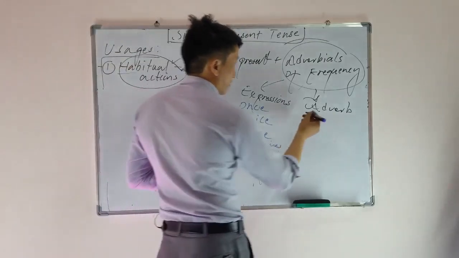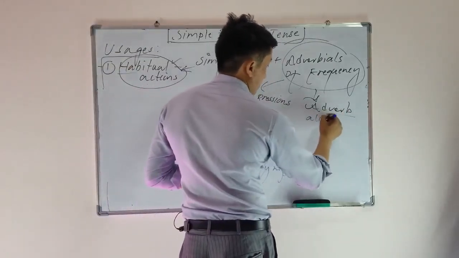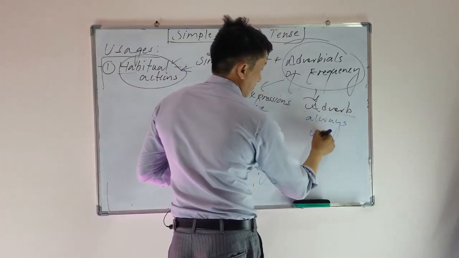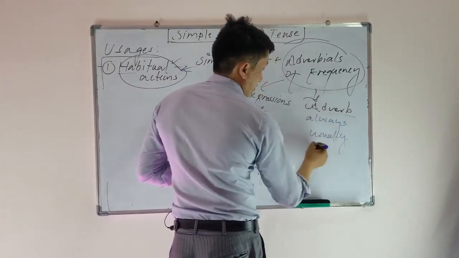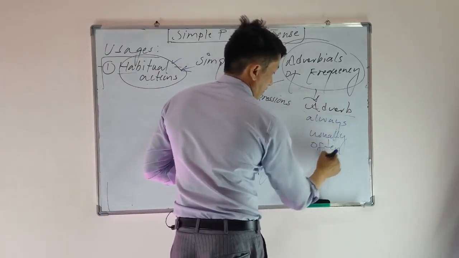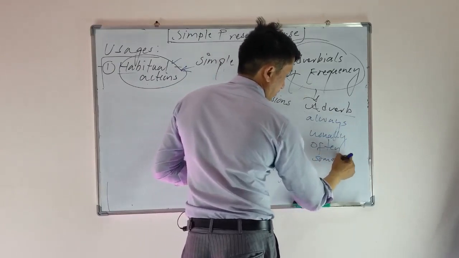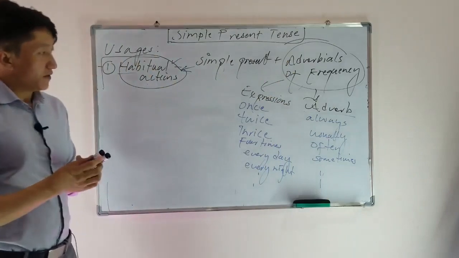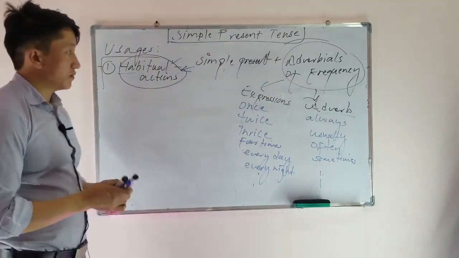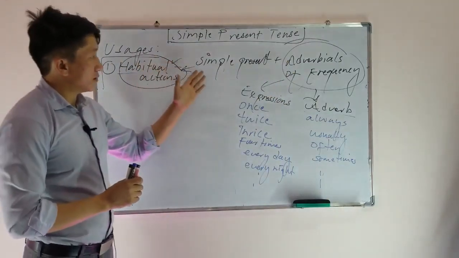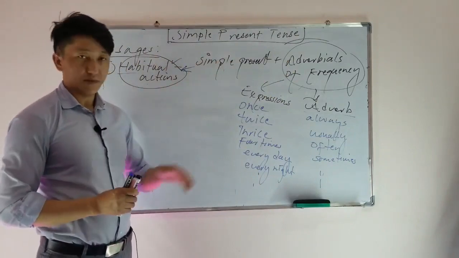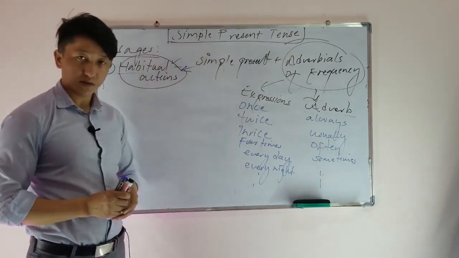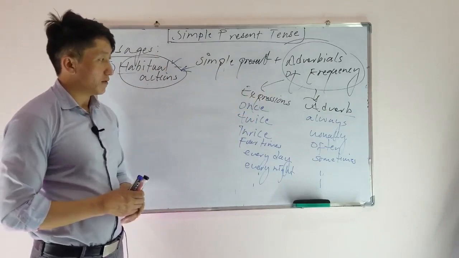And for the adverbs, the words, we have always, usually, often, sometimes, and so on. Now, if I want to talk about habits in simple present tense, we mostly use simple present tense with adverbials of frequency. We have the expressions and we have the adverbs.